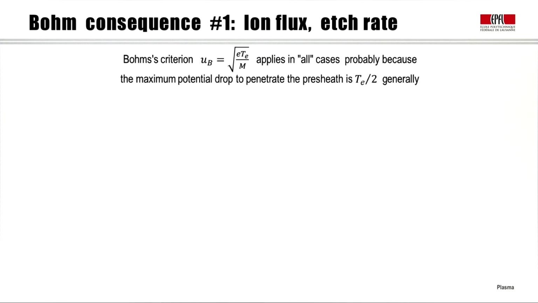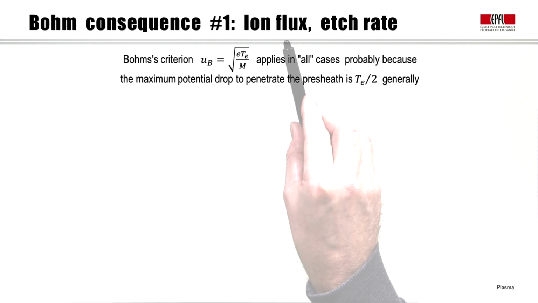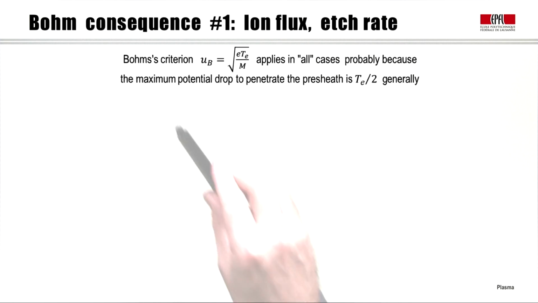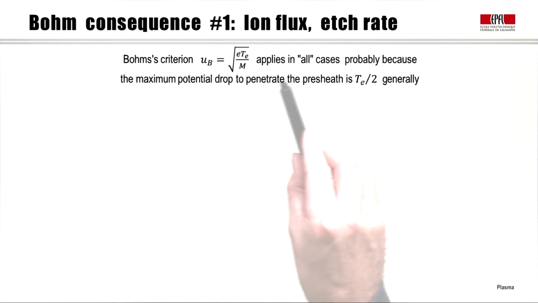Now we have derived Bohm's criterion, we can use it as a tool to calculate other effects in the plasma. For our first example, we will use it to calculate the ion flux, which influences the etch rate in plasma etching. Now first we need to know that Bohm's criterion has some rather general applicability.